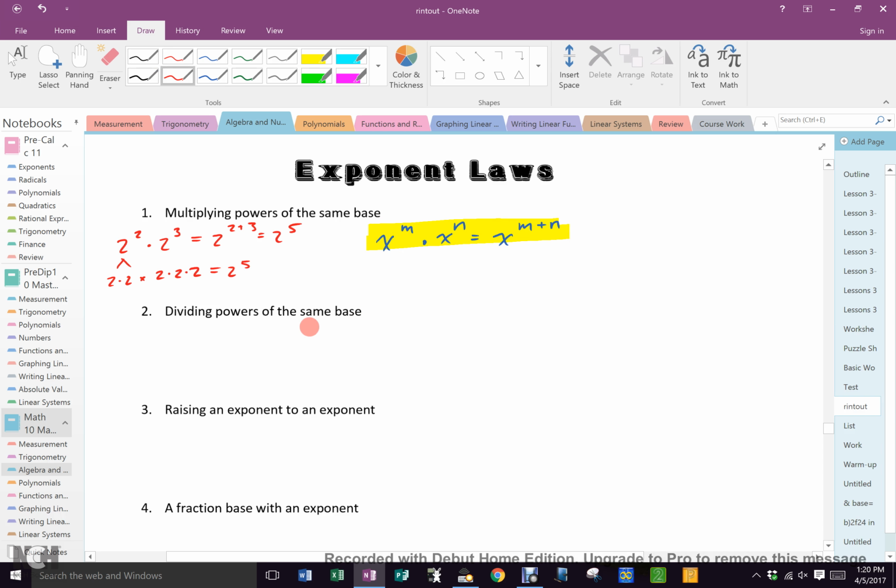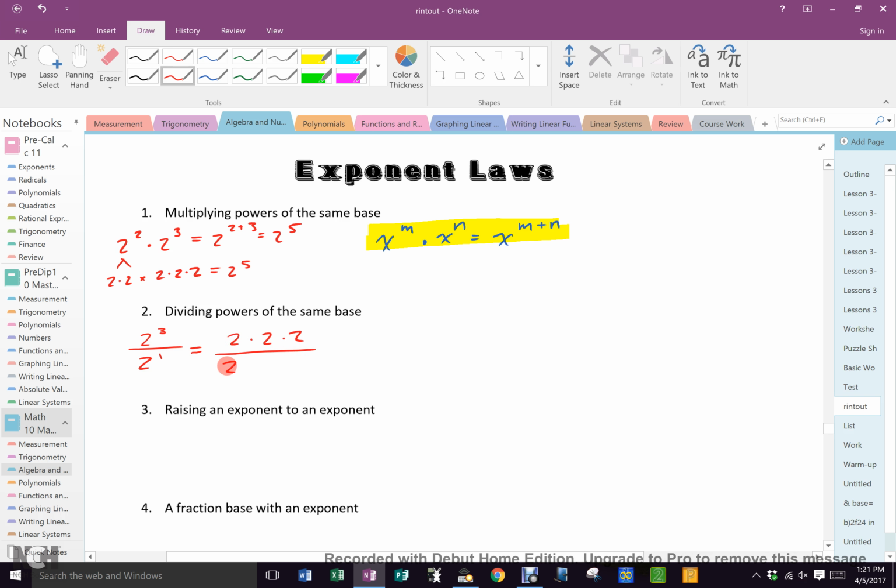Move on to dividing. 2 cubed divided by 2 to the 1. That's grade 9. What's the answer? Why? It's 2 times 2 times 2 over 2, right?